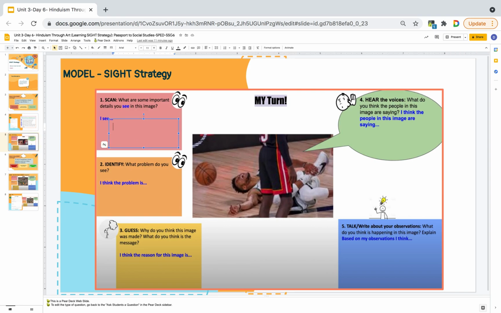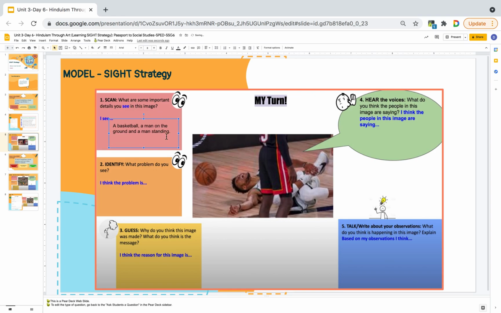I see a ball. I see a man on the ground and a man standing. So far, those are the things that I see.